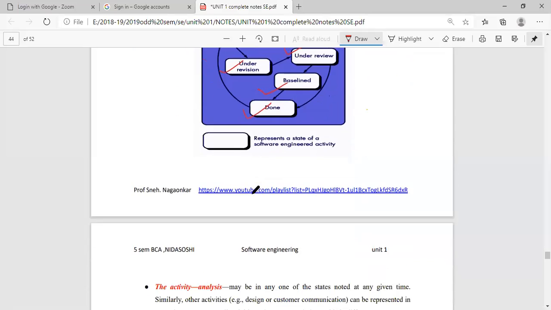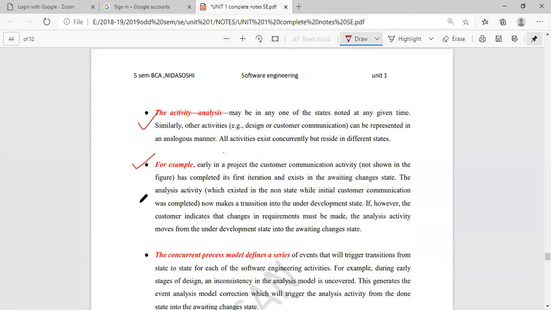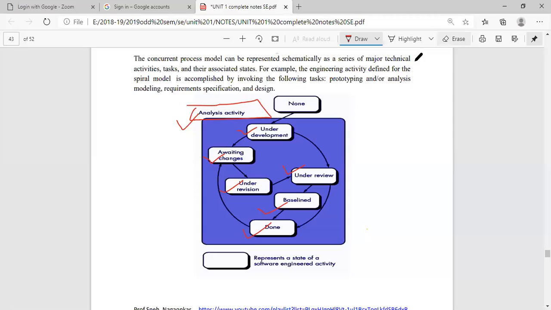Now, one more example I will tell you. Early in a project, the customer communication activity has completed its first iteration and exists in the awaiting changes state. Let us take an example.